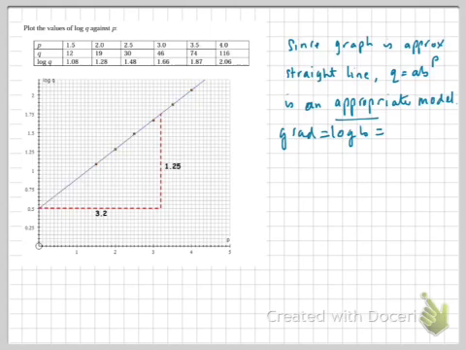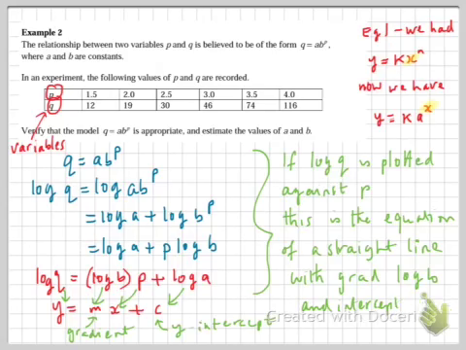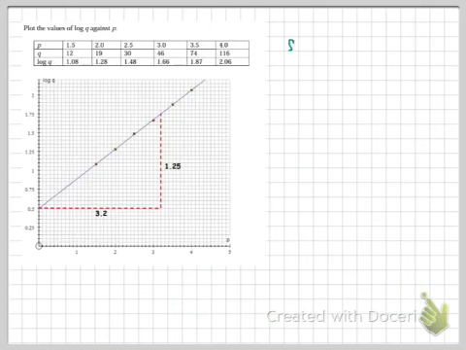And notice from our equation that we had, if I just go back, where we have log q equals log b times p plus log a, we only needed to find out log q. So p and q were given to us, and we just found out log q.